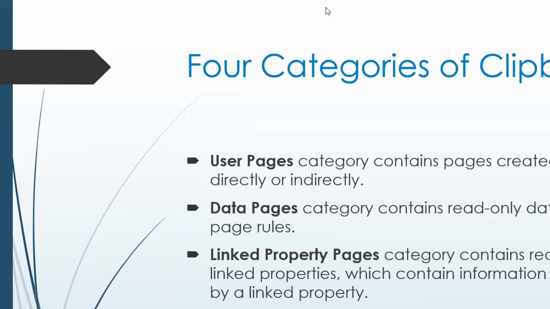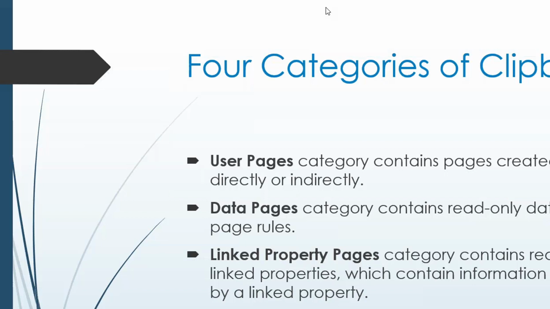According to what kind of data you're looking at, you need to choose the respective clipboard category. If I want to look at system-related information, I should check only the system pages. There's no point checking the user pages category because it doesn't have any system-related information. So we should clearly know which category holds what kind of data.